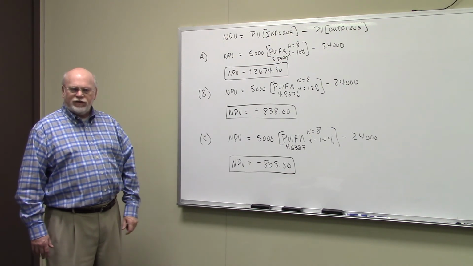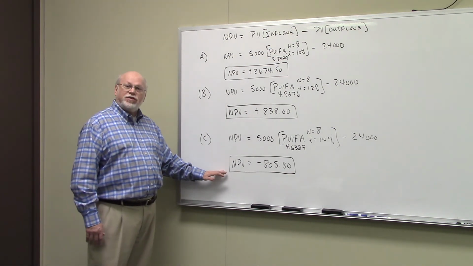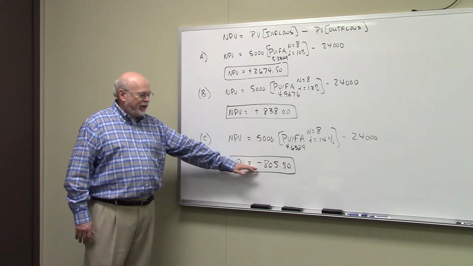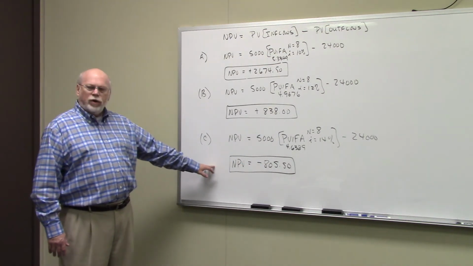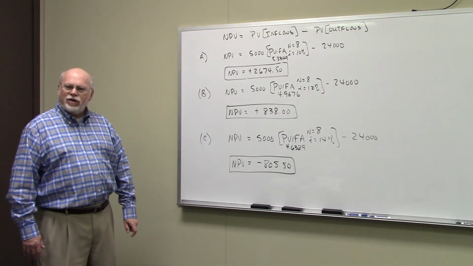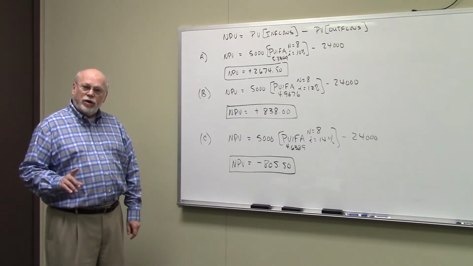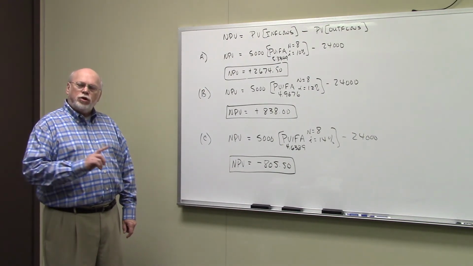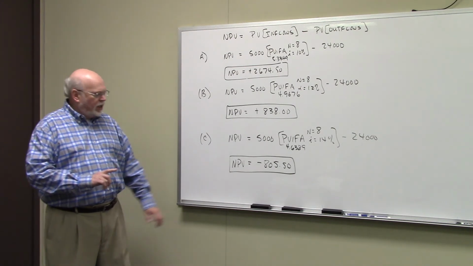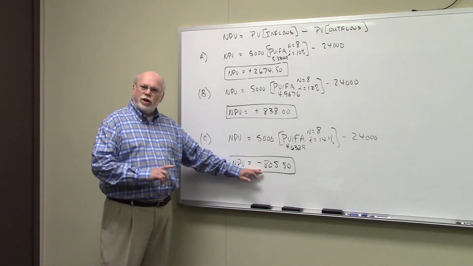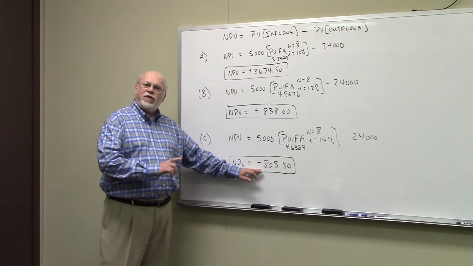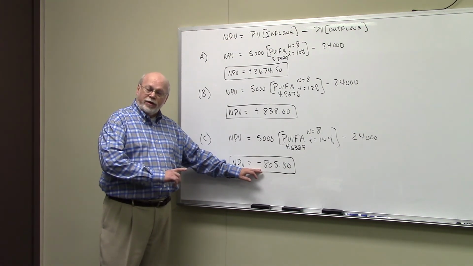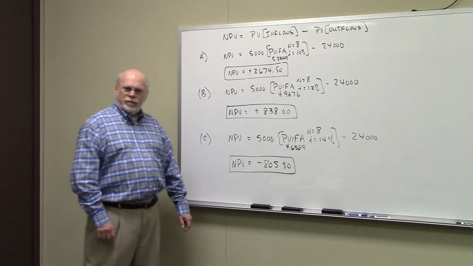Subtract 24,000 from that, and you'll find the net present value now is a negative $805.50. Do you want to ever add a project with a negative net present value? The answer is no, because you'll reduce the value of the firm, and if you divide that number by the number of shares owned by the owners, that's how much the intrinsic value of each share of stock will go down. That's not what you want to do.